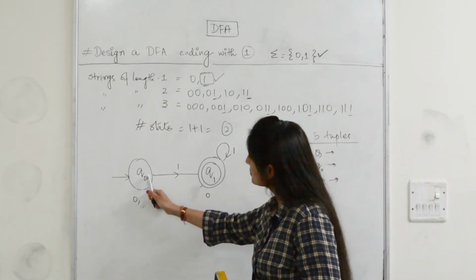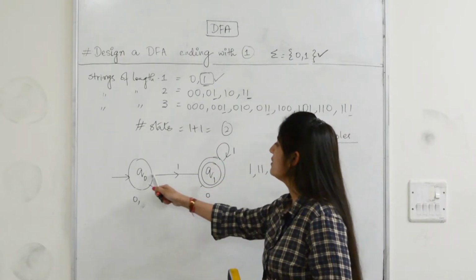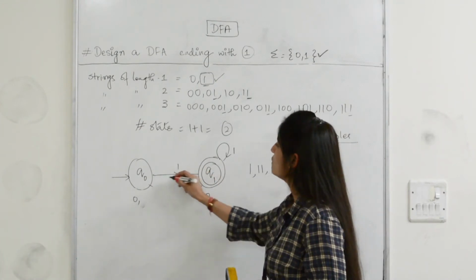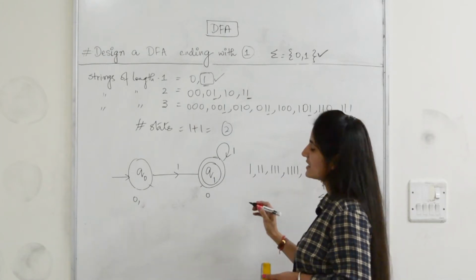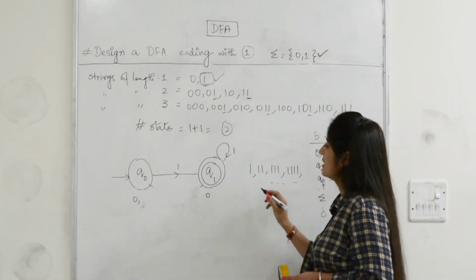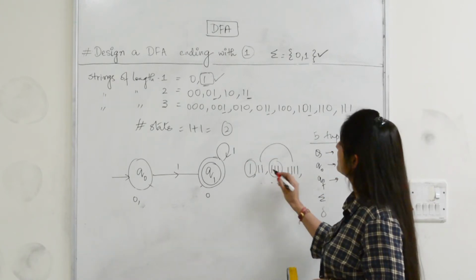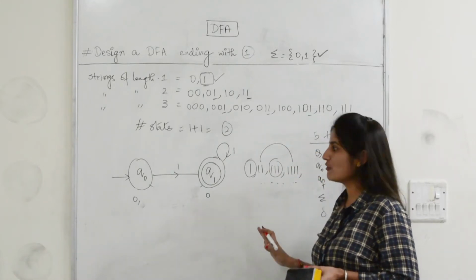Starting from the initial state, 1, 1, so 2 ones are accepted, then 1, 2, 3, 3 ones are accepted, then 1, 2, 3, 4, so 4 ones are accepted. In this way, any number of ones will be accepted, whether odd or even. So it accepts all possible combinations of ones.